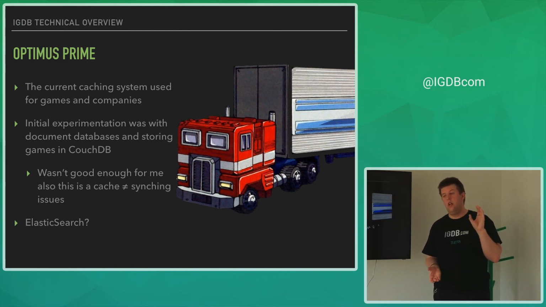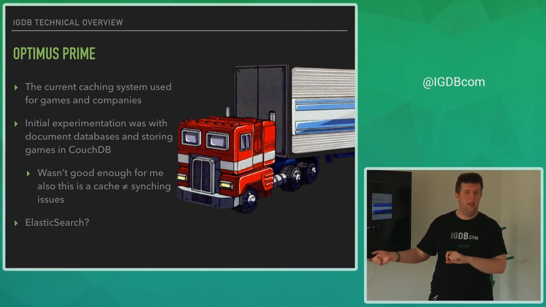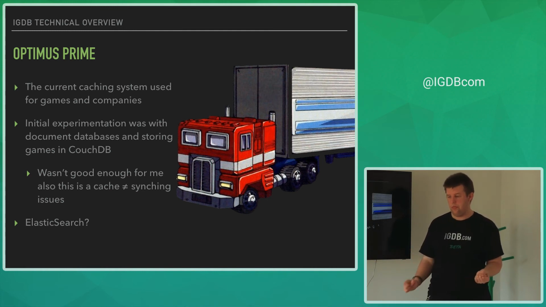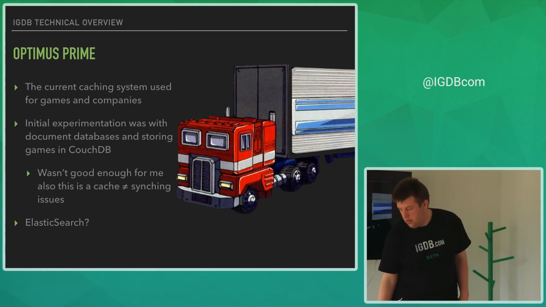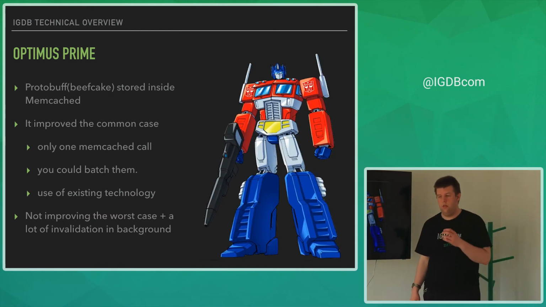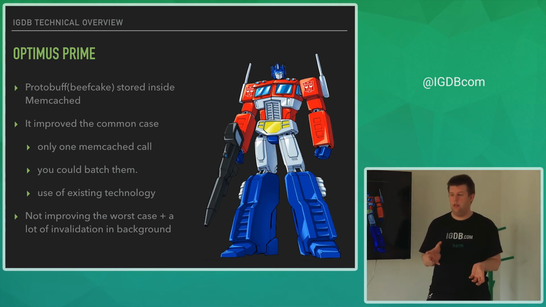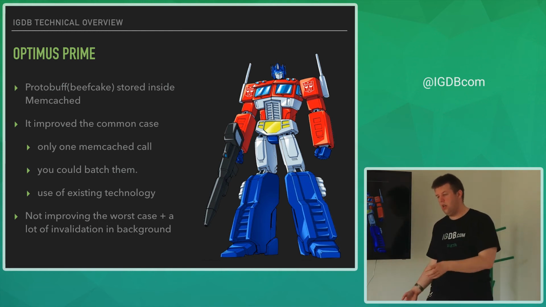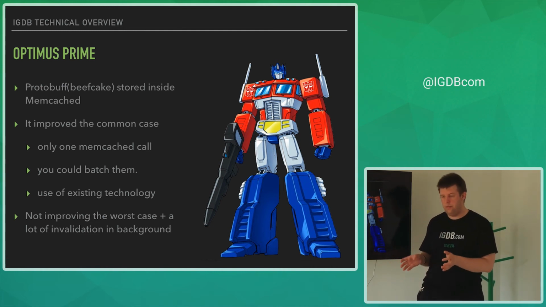And also, this is a cache, so it has synchronization issues there. And we could have used Elasticsearch as well. But it's much better to have it in RAM. So what we did was we created Google protocol buffers, and store those inside Memcache.